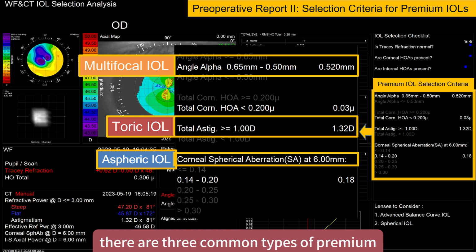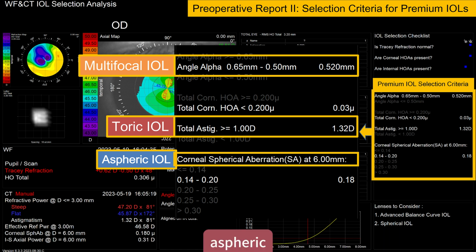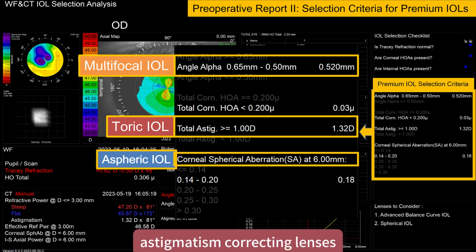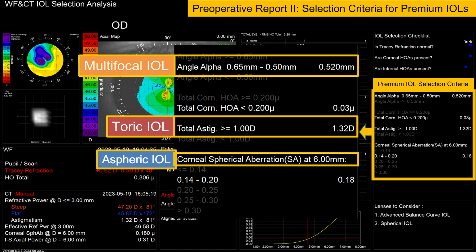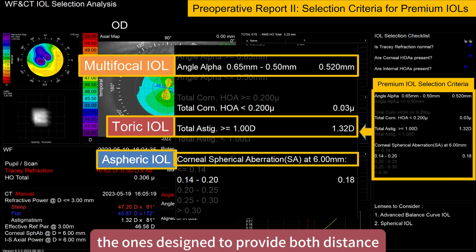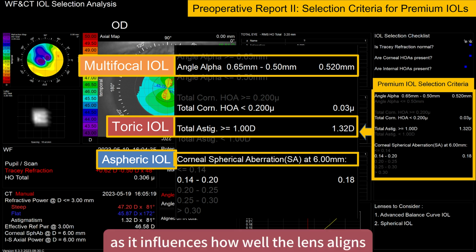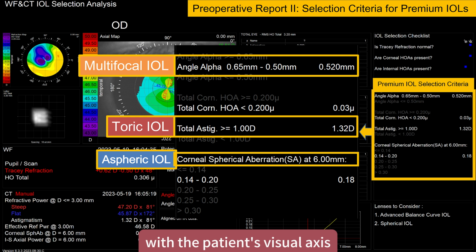There are 3 common types of premium IOLs: aspheric, non-spherical, lenses, multifocal lenses, and toric, astigmatism-correcting, lenses. For multifocal IOLs, the ones designed to provide both distance and near vision, we focus on the alpha angle, as it influences how well the lens aligns with the patient's visual axis.